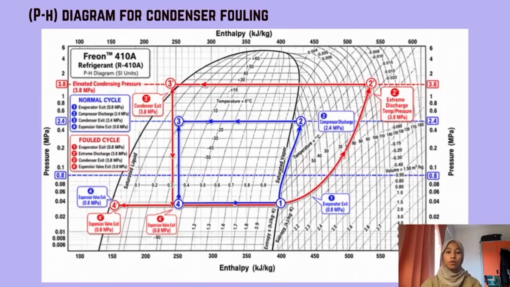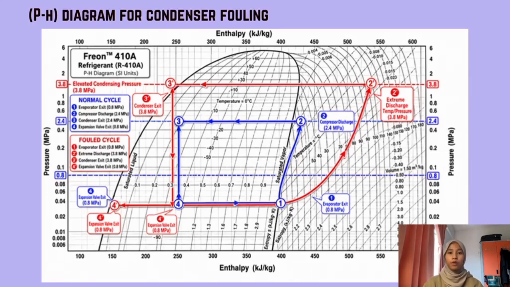1974. So next, I will explain slide 6, which shows the pH diagram for condenser fouling. Pressure is on the vertical axis, enthalpy on the horizontal axis. In a normal system, the cycle follows this path, but with condenser fouling, three things happen. First, higher condensing pressure. The top of the cycle shifts upward because the heat cannot escape.